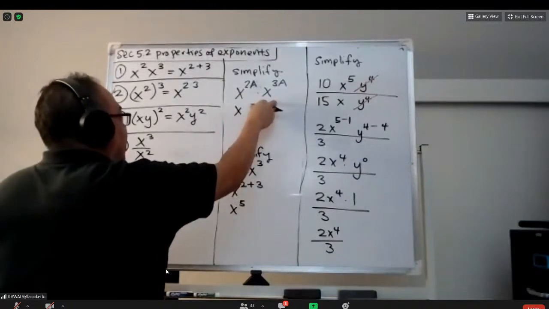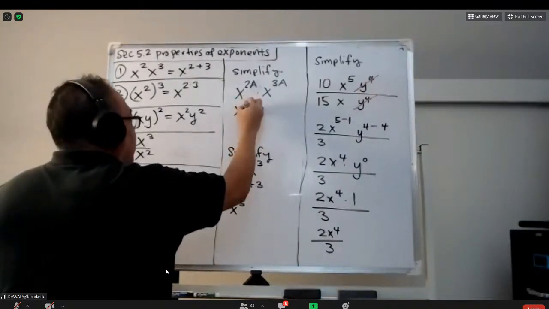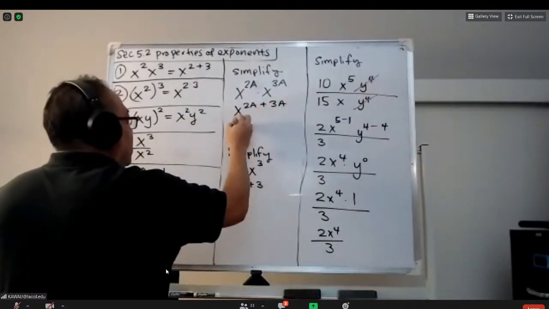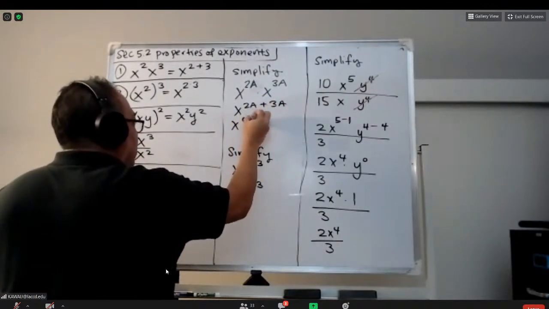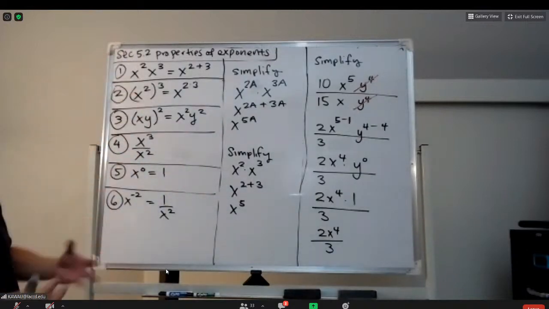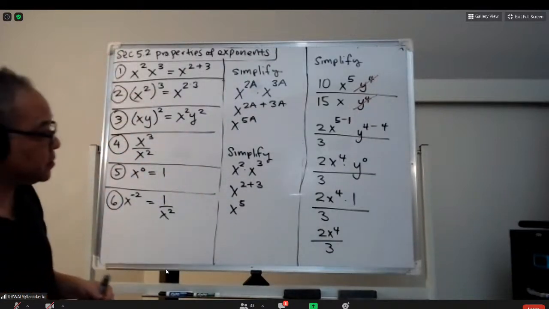When the base is the same and we're doing a multiply, we can just add the exponents.